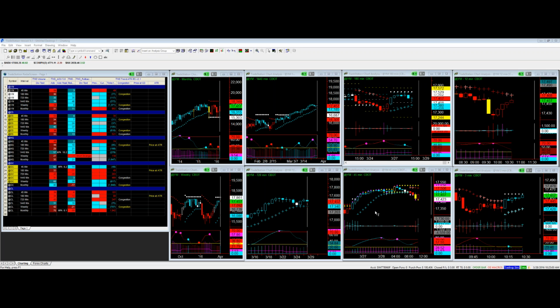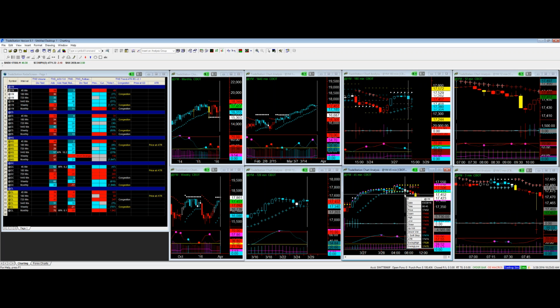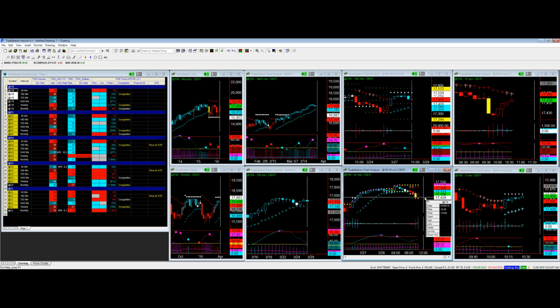Do you see how the price bar sometimes turns white? The reason that it turns white is to let us know that we're close enough to an ATR. You can also see it in the white ATR.